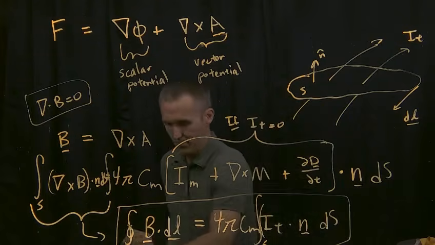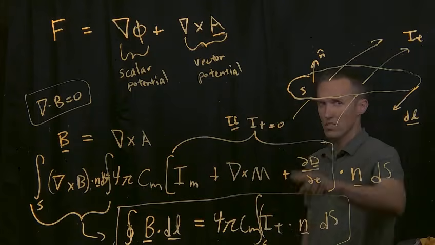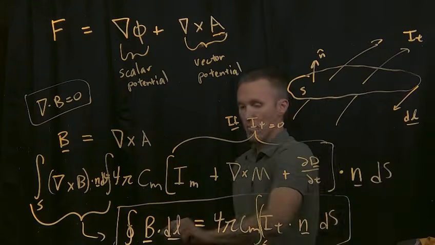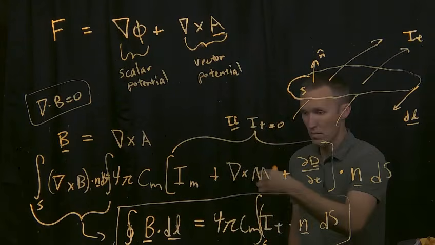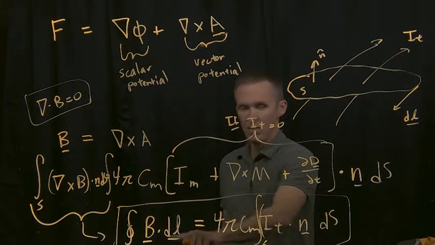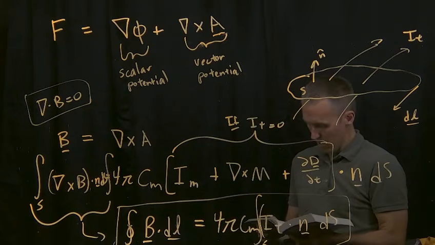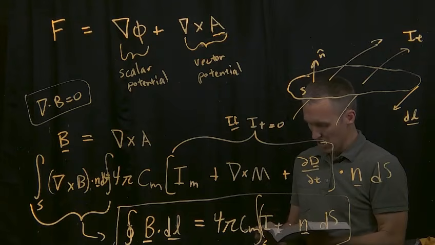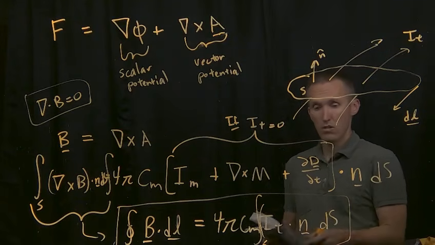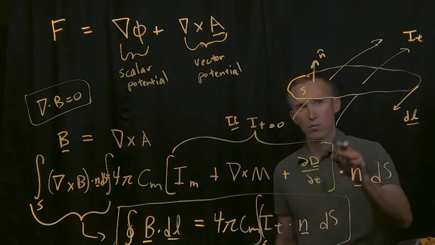Okay, here we go. What have we got? The total current passing through a surface is going to equal the magnetic field, or the magnetic induction, or whatever we had called this B, integrated on a line. How does the book say it? The magnetic induction integrated around any closed loop is proportional to the current flow through that loop, the normal component of all the currents passing through the loop.